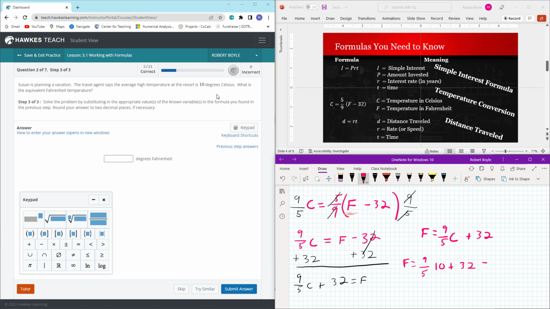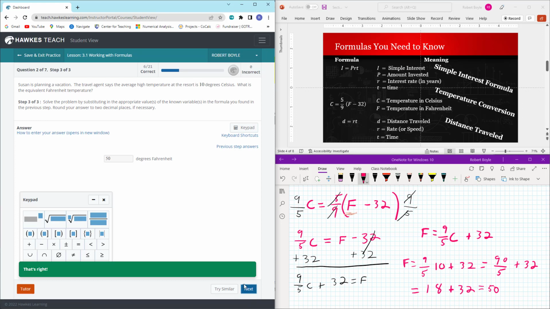That's going to be equal to 90 over 5 plus 32. 90 divided by 5 is equal to 18. And 18 plus 32 is equal to 50. So this should be equal to 50. Okay, and it is. Yay for me.